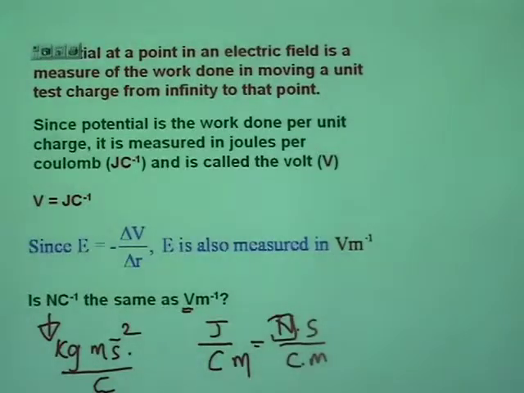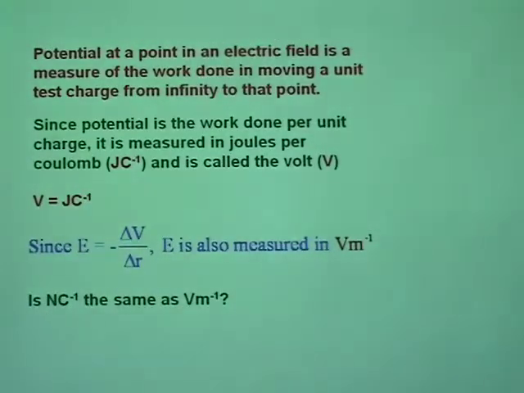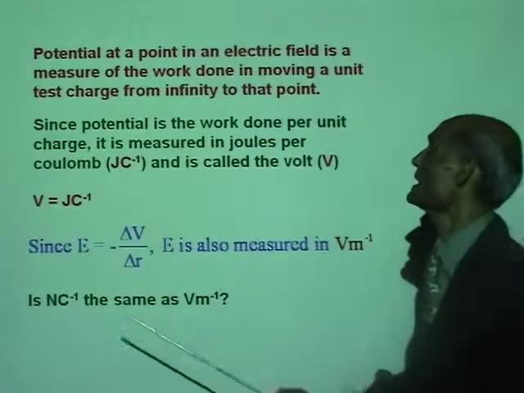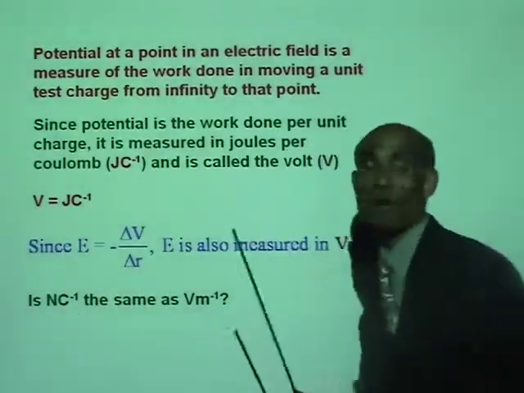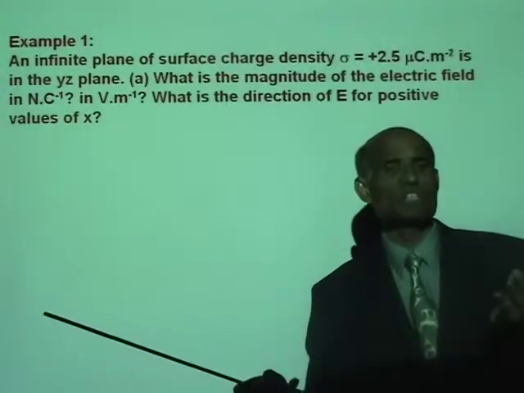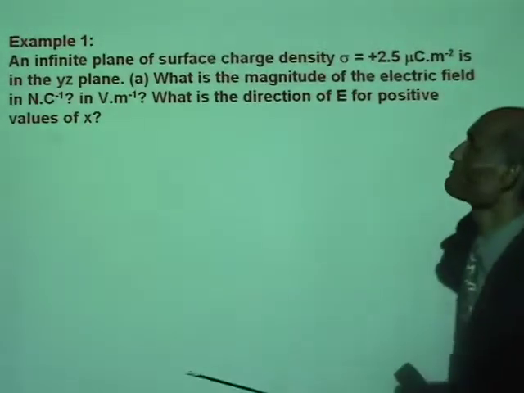A Newton is kilogram meter per second squared. And you can see that is the same: kilogram meter per second squared divided by Coulomb. And therefore, Newton per Coulomb is the same as volt per meter. I want you to work this out on your own one more time, because you must be familiar with converting units from one form to another.